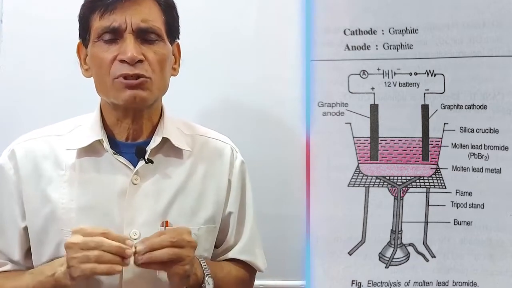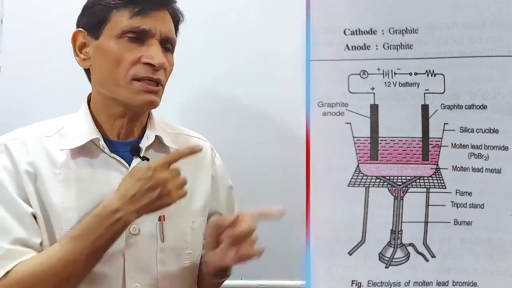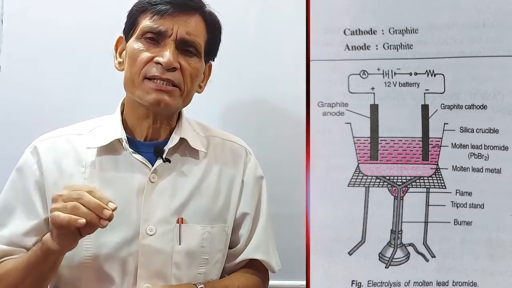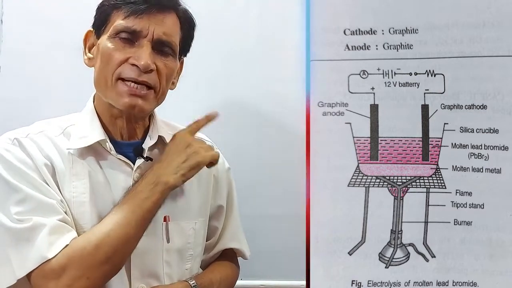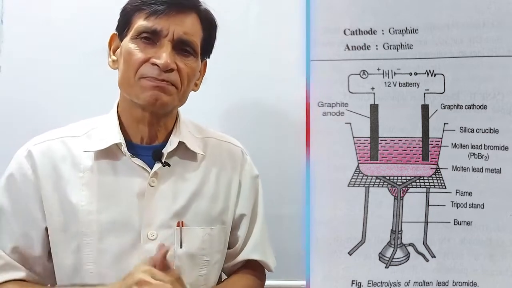An inert electrode, graphite, is used as anode. Graphite is immersed in the molten lead bromide and connected to the positive terminal of the DC power source, direct current source, or positive terminal of the 12-volt battery.